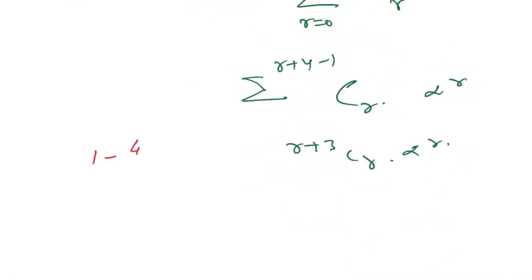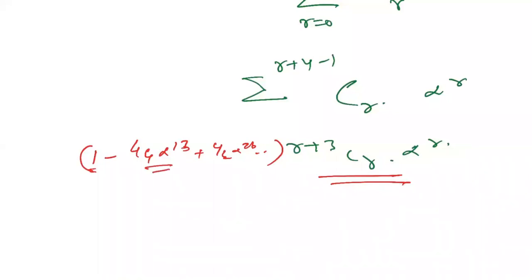And the other expansion is nothing but 1 minus 4c1 alpha to the power 13 plus 4c2 alpha to the power 26 and so on. If I multiply both, 1 into this will be there, and all the other terms go beyond alpha to the power 13, so we will not take those. So our answer is (r plus 3)CR alpha to the power r, and this r is nothing but 12.